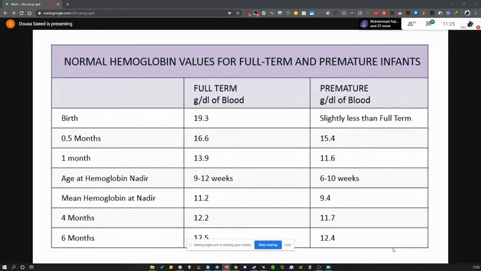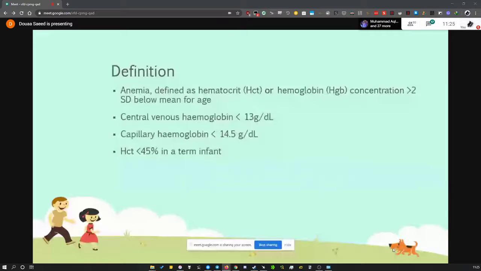The definition of anemia is a hematocrit or hemoglobin concentration more than 2 standard deviations below the mean for age. Or we can define it as a central venous hemoglobin of less than 13, capillary hemoglobin of less than 14.5, or hematocrit less than 45% in patients.